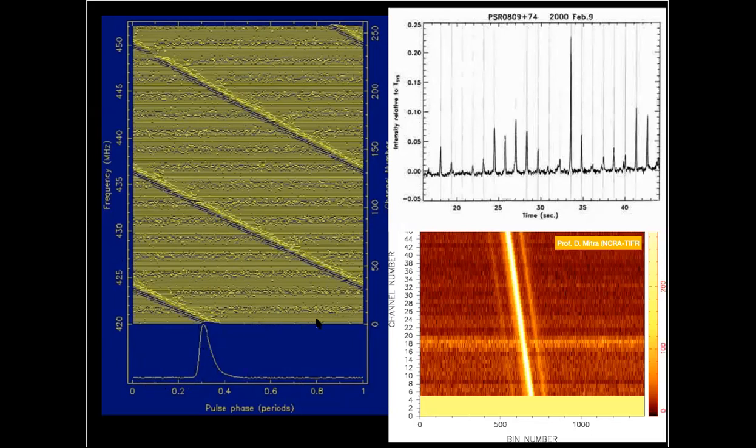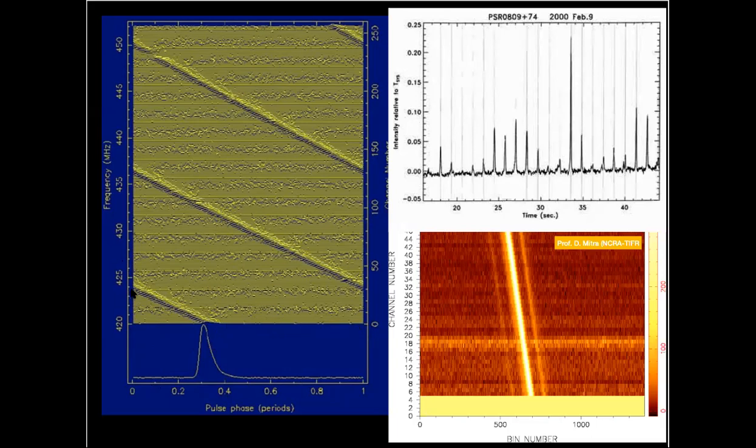At these points it's 0, and these lines are the points where the amplitude is maximum. If I look at this 420 megahertz frequency, it is 0 here, and at that particular time it becomes maximum and then again goes to 0.